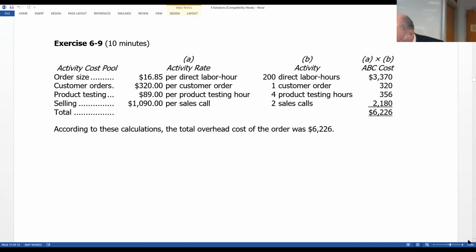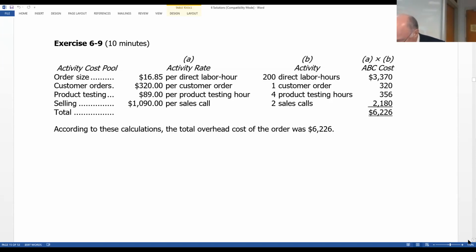The company uses an activity-based costing system for internal decision-making purposes. The company has 4 activity cost pools as listed below. So they have order size, customer orders, product testing, and selling. And they're based on the number of direct labor hours or customer orders, whatever, and they have a cost there. $16.85 per direct labor hour, for instance.